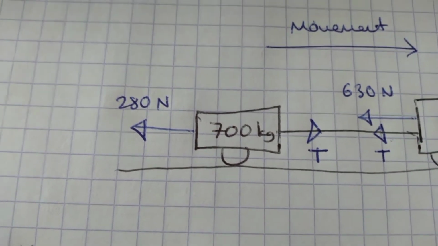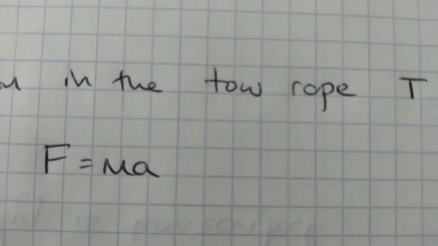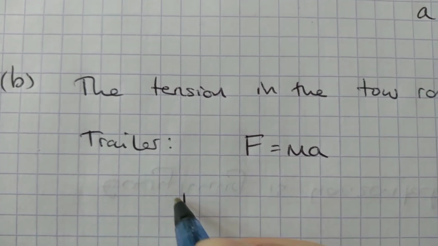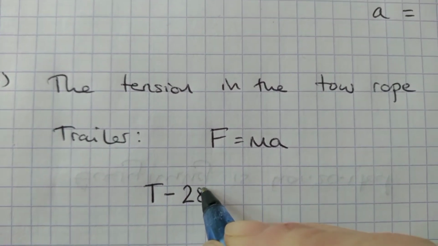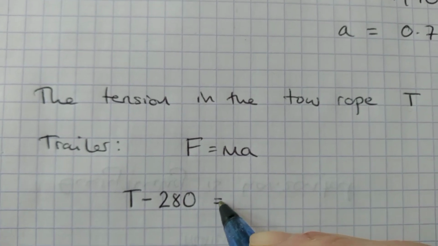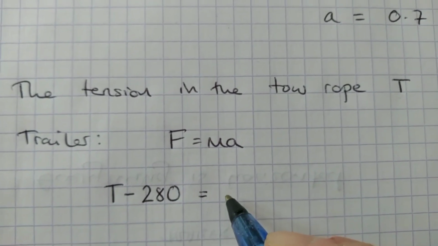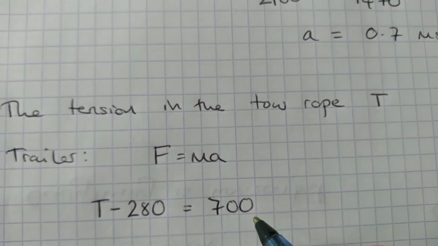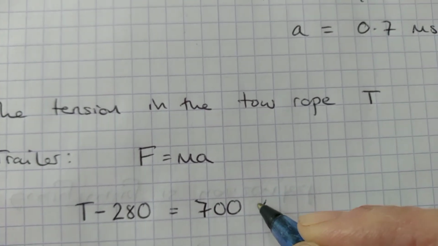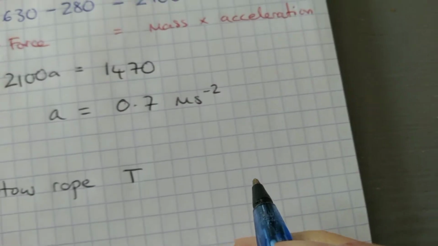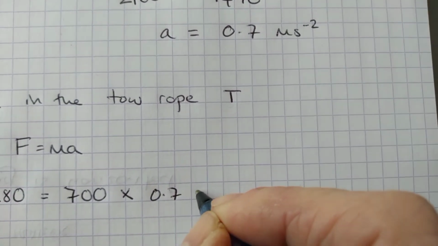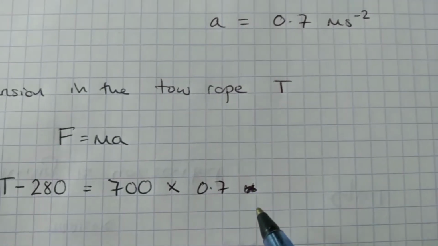So let's write that down. We've got T for the trailer, T minus the resistance 280, that's the net force, equals its mass is 700 kilograms and its acceleration, well, we worked that out just before, 0.7 meters per second squared. It's 0.7.